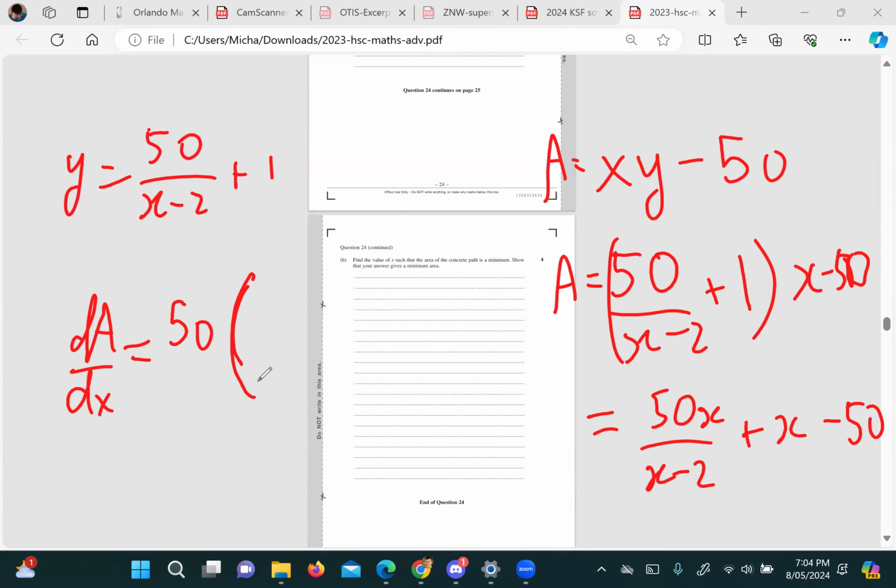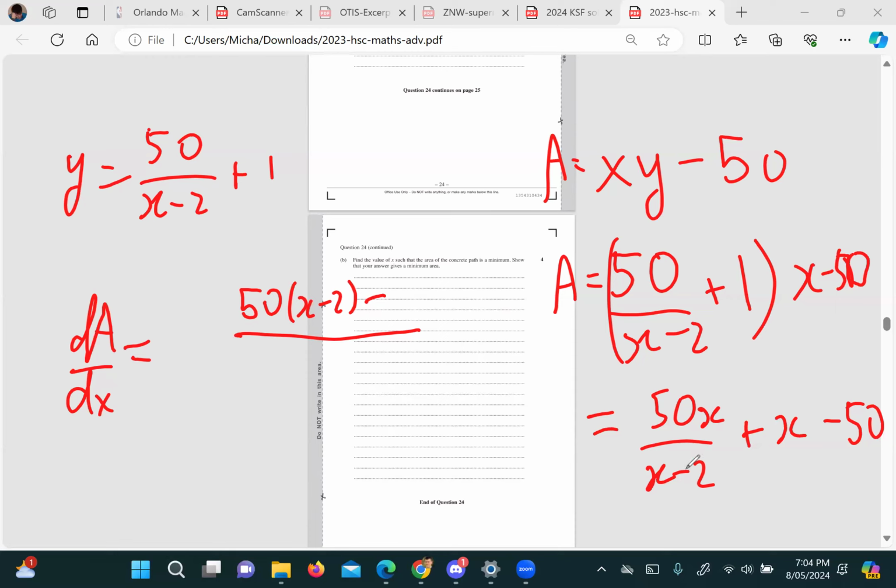Oh, wait, no. I did it a bit differently to how you're trying to do it here. I didn't take the 50 out yet. Oh, okay, I see what you're saying. So it's differentiate the top times the bottom, then minus differentiate the bottom times the top, all over the bottom squared.